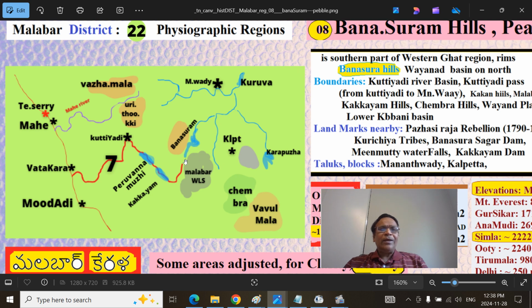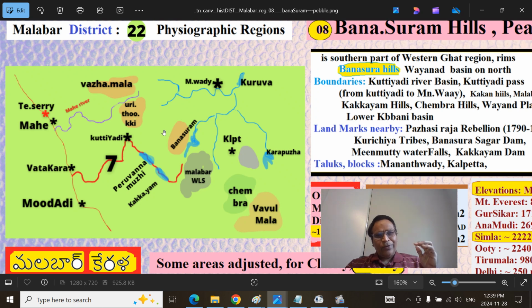Here the landmarks: this is the Kabbani river, with various tributaries of Kabbani, Karapuzha River, Peruvannamuzhi River, Mananthavadi, Kuruva Dweep, and this is the Sindhu Sagar Ocean, Thalassery, Mahe, Vatakara, that is Badagara, Mudadi, that is the Irinjal town. There will be Koyilandy and Calicut town here. Important landmarks are the Kuttiyadi River, that is the Murad River, also called Kottakkal River, Kakkayam Dam, Peruvannamuzhi Dam, Banasuram, the hilly region we are talking about.